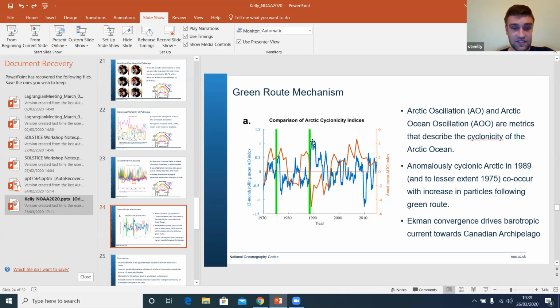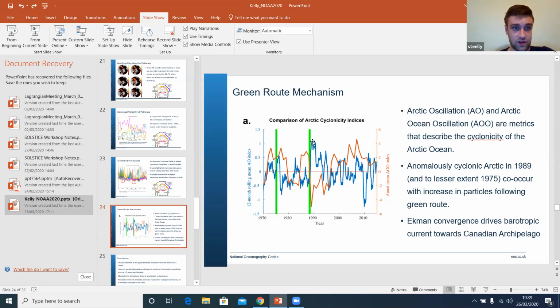That's not a very good answer for 1975. We need to understand a bit more what's going on for that. But the short answer is that the main peak coincides with a sustained period of cyclonicity.